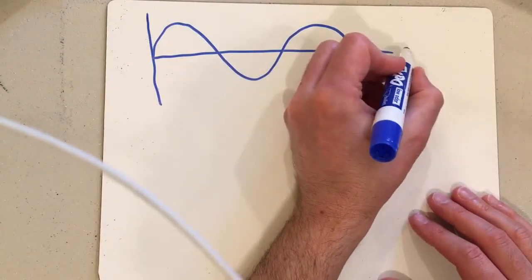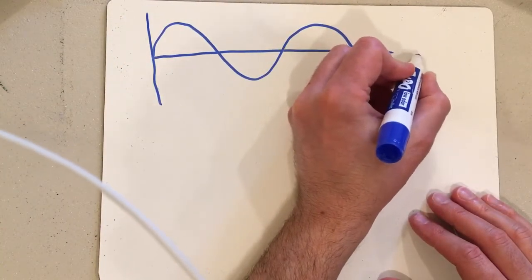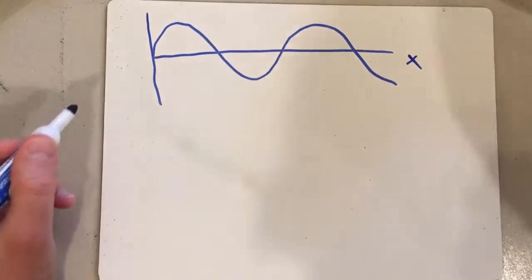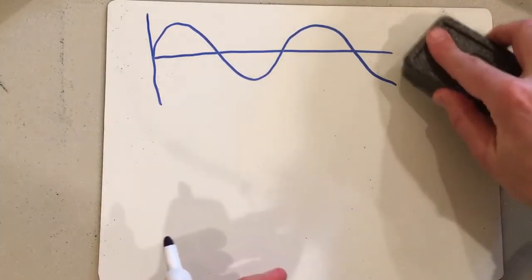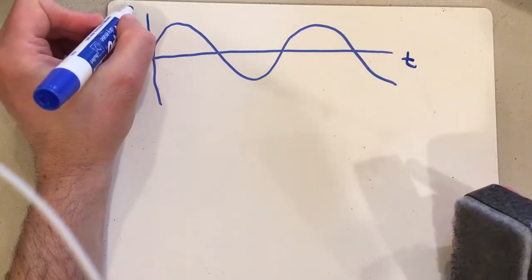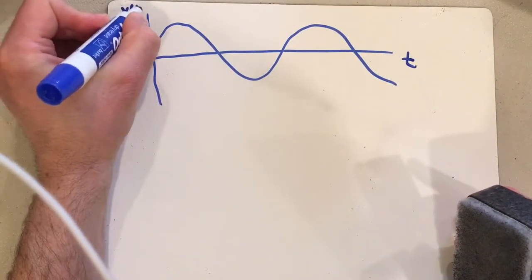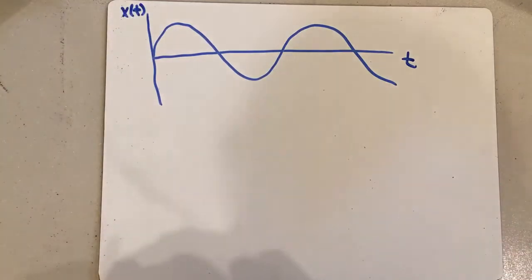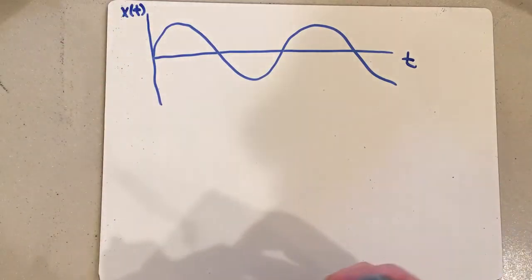And this is going to be my position graph. This is t, this is time, and this is the x position, x of t, up here for the vertical axis.